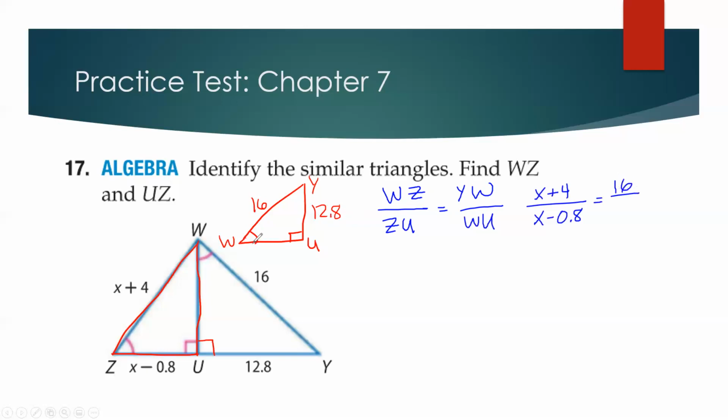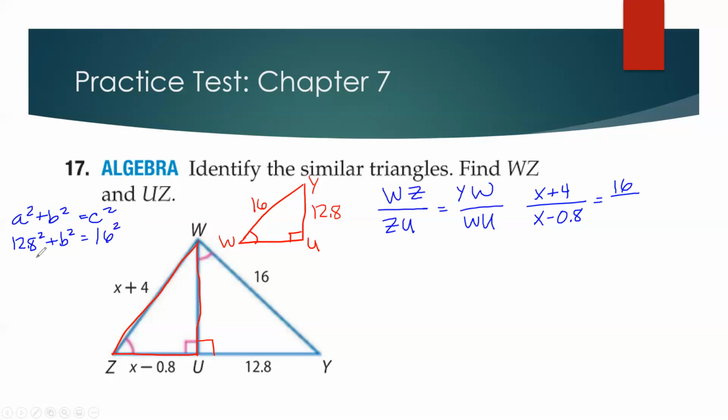Now the length of WU, we need to figure out the length of WU. Well, the good thing is that this is a right triangle. And if you remember Pythagorean theorem, a squared plus b squared equals c squared. Well, I know that my a value can be 12.8 squared, plus I don't know my b value, but I know that c, the hypotenuse, is equal to 16.